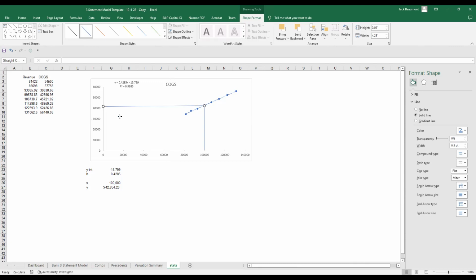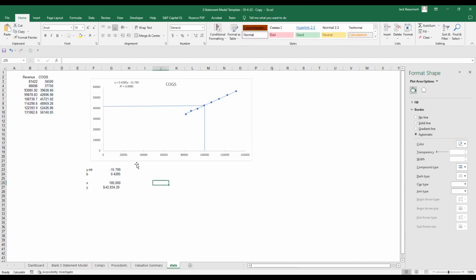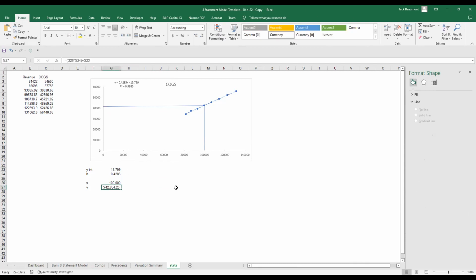This is where it's heading, and you can see it's just a bit above 40,000, probably around 42,000. So our formula is working. We could have used this formula to forecast what our cost of goods sold was.